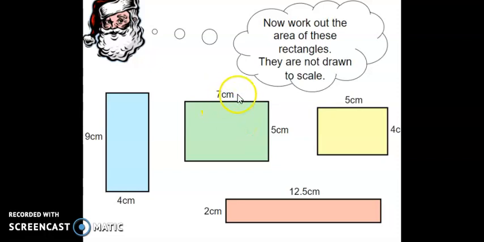For example, see the first one: the height is 9 centimeters and the length is 4 centimeters. For finding the area, I have to multiply 4 times 9, or 9 times 4. It will be 36. So my answer is 36.